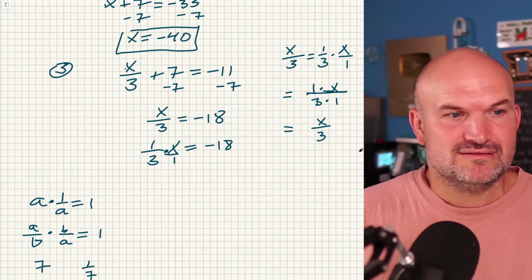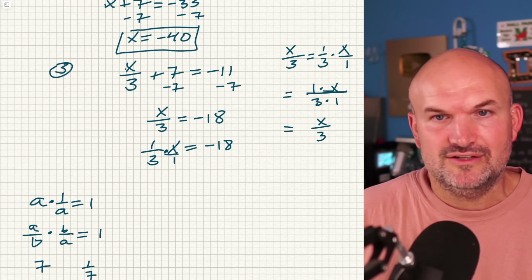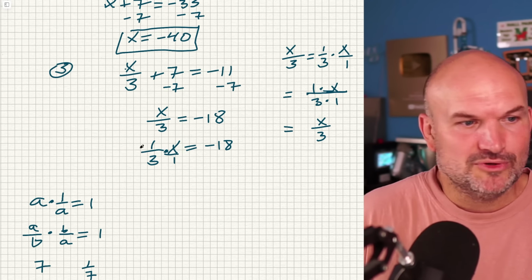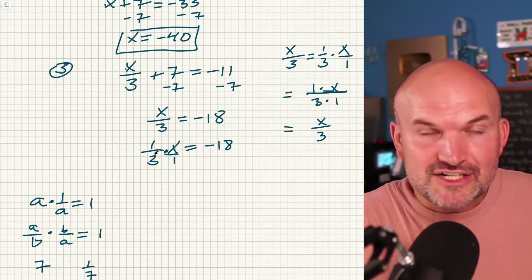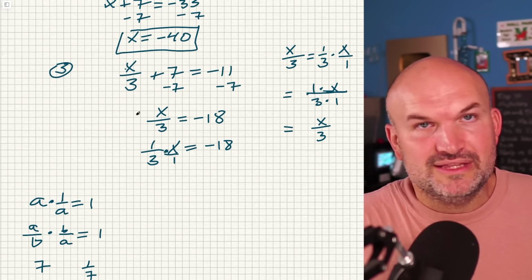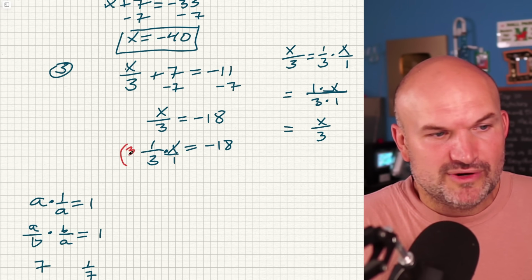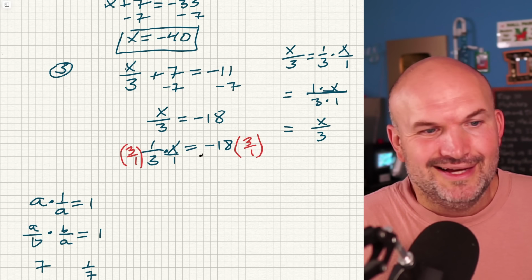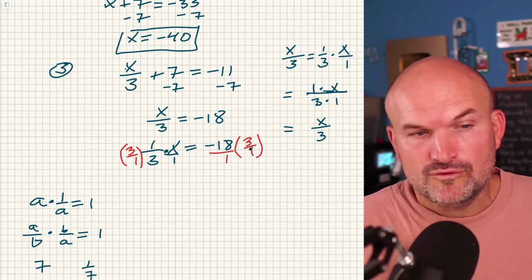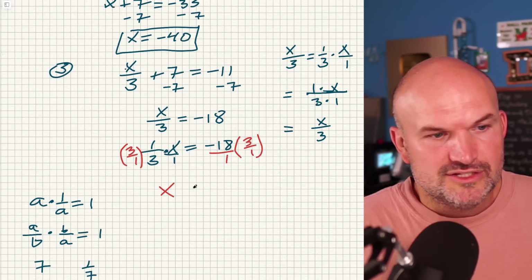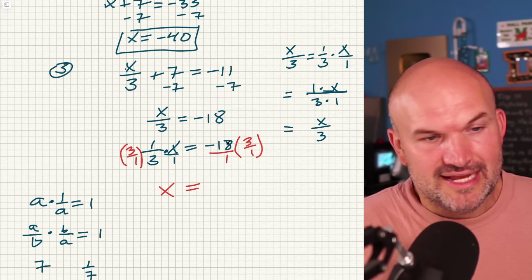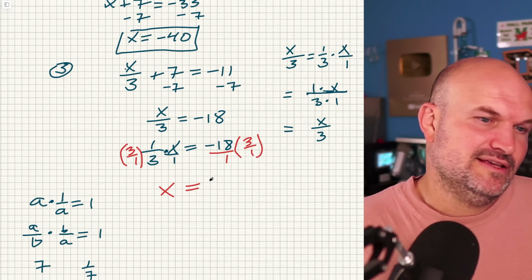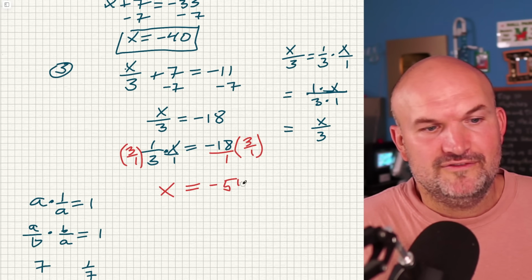Students sometimes just feel more comfortable finding the reciprocal of a fraction than doing the division. Well, the reciprocal is going to be 3 over 1, which is also known as 3, right? So I multiply by 3 over 1. And again, just remember negative 18 can be written over 1, so you don't really need to write it. So x is now going to equal, let's see, negative 18 times 3, that's 54, so it's going to be a negative 54.